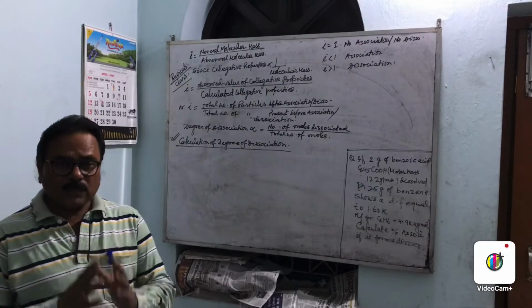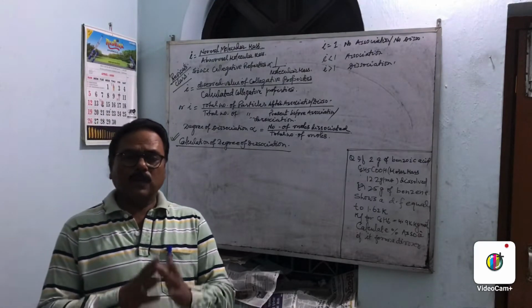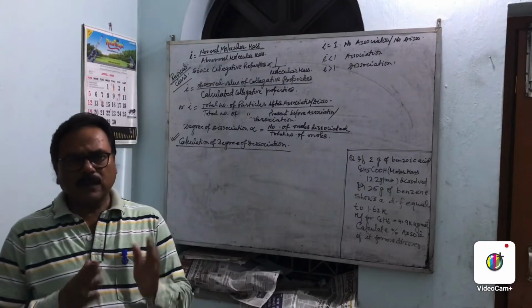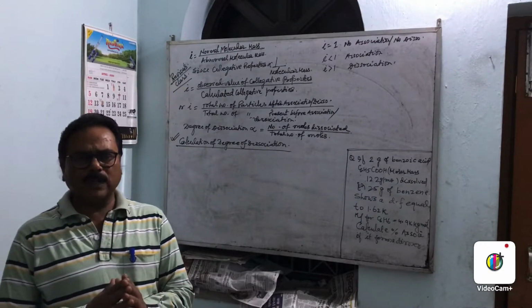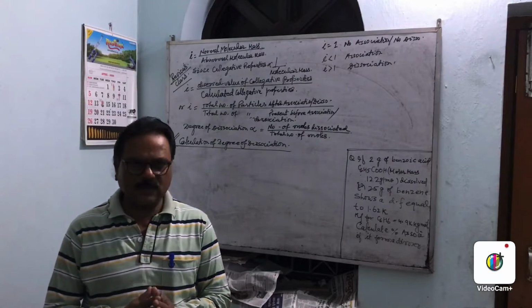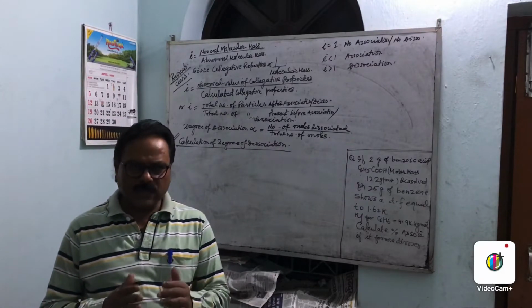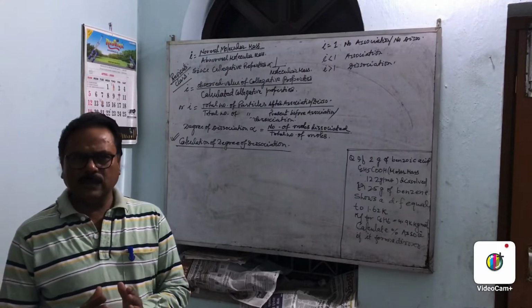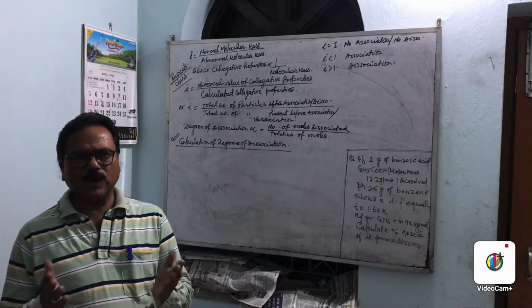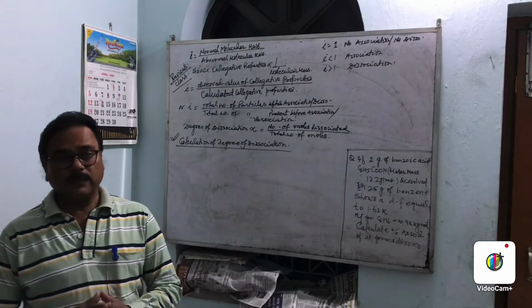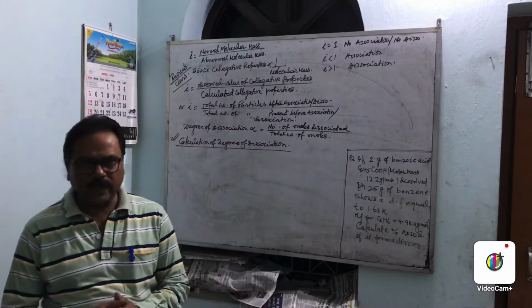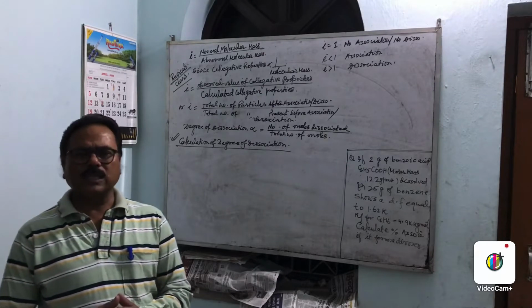When a solute undergoes association or dissociation, the colligative property equations discussed in the previous class need to be modified. That is, (Pa0 minus Pa) divided by Pa0 is equal to Xb, delta Tb is equal to m into Kb, delta Tf is equal to m into Kf, and pi is equal to CRT.